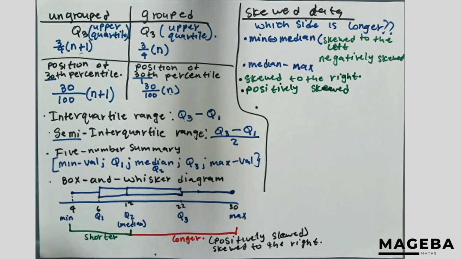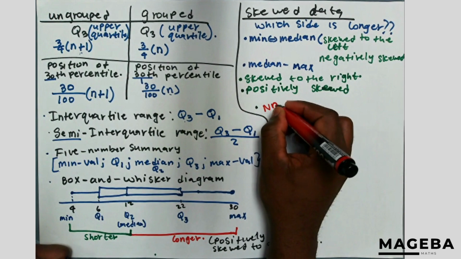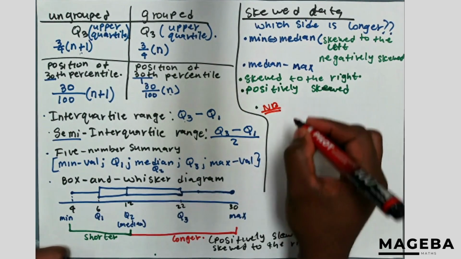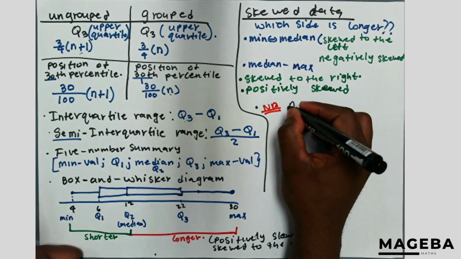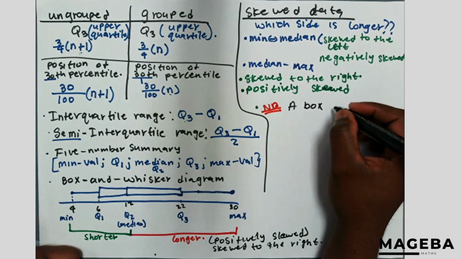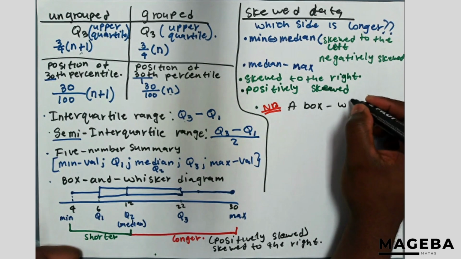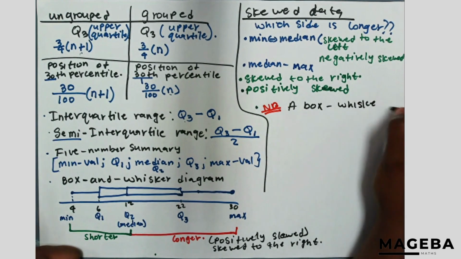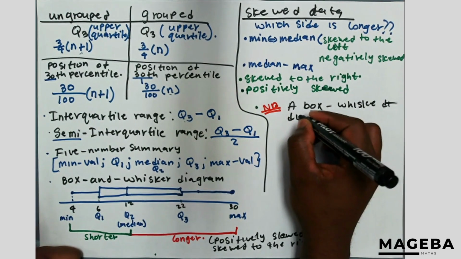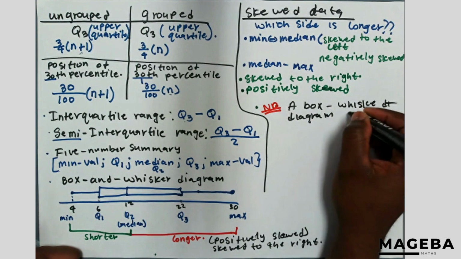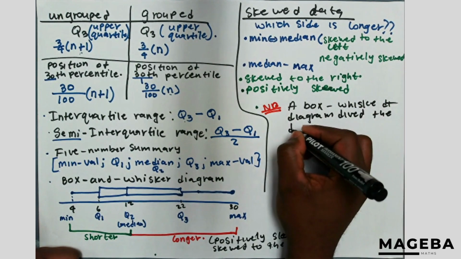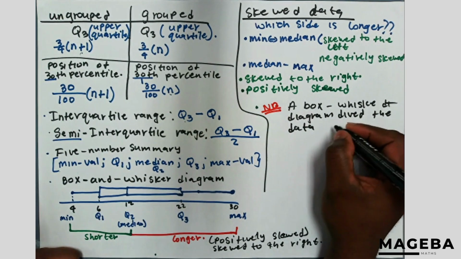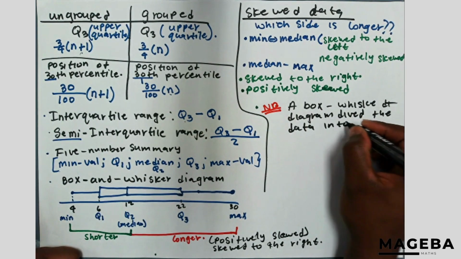Now there's something that is very important. A box and whisker diagram divides the data into quarters.